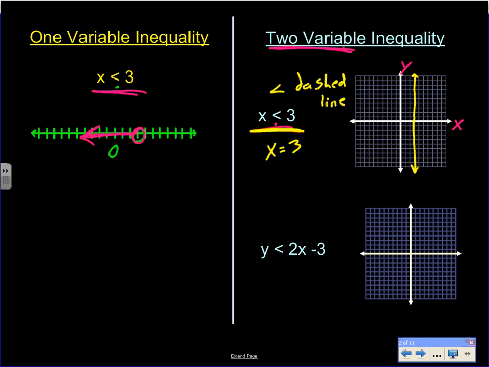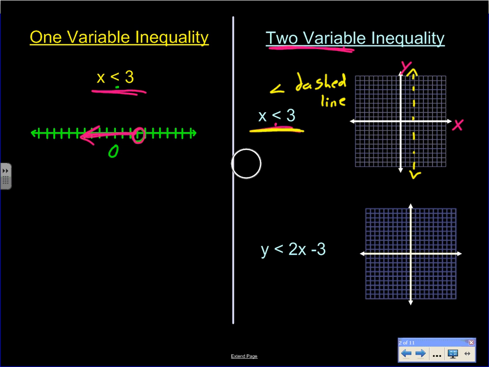Less than and greater than will have a dashed line. If it says less than or equal to, or greater than or equal to, it'll have a solid line.